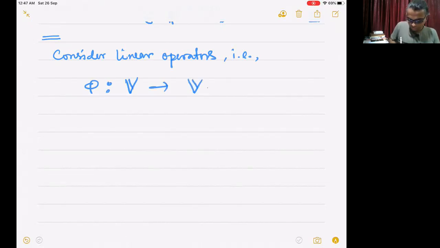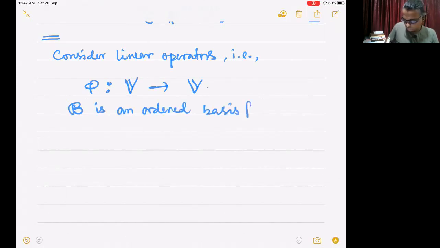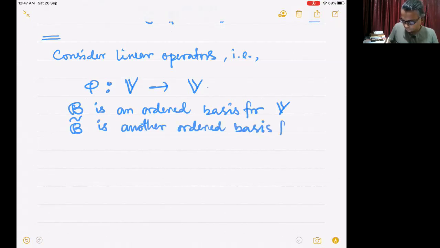I have a basis, say B is an ordered basis for V, and suppose B tilde is another ordered basis for V.